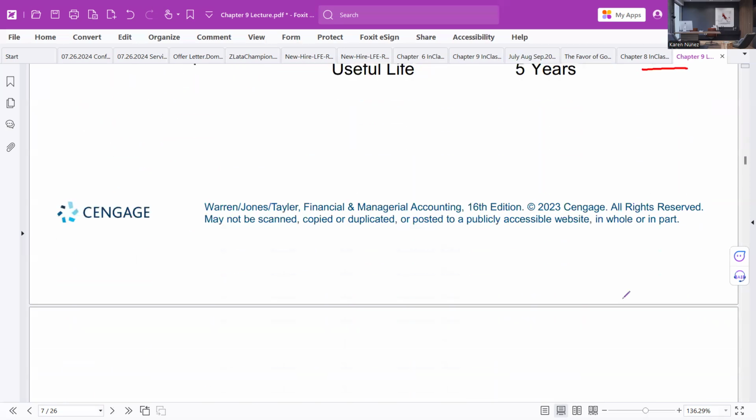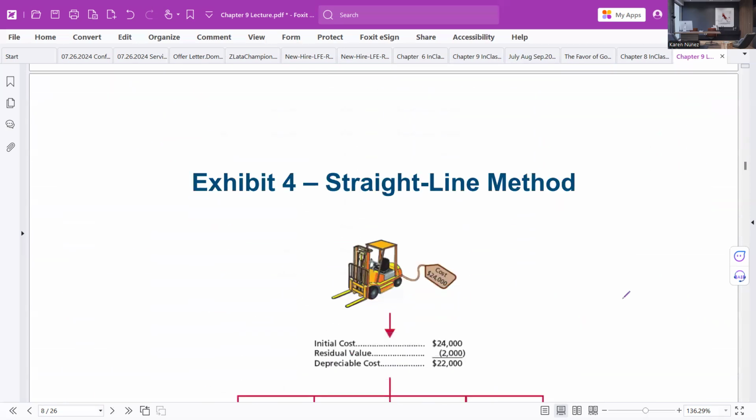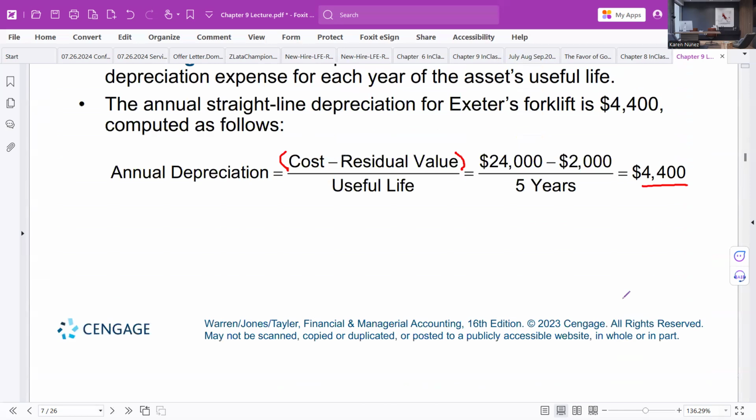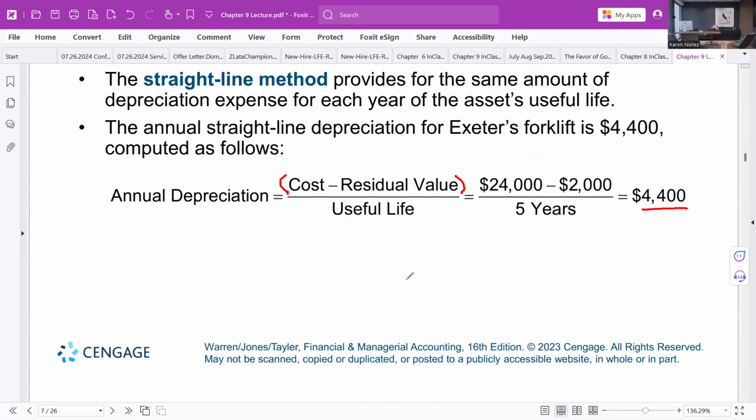And we talked about how to recognize depreciation in, I think it was, chapter 3 when we looked at adjusting entries. The way you prepare an adjusting entry for depreciation is always to debit what we call depreciation expense. It doesn't matter what method you use, the recognition of the expense for depreciation is always a debit to the expense account and a credit to accumulated depreciation.